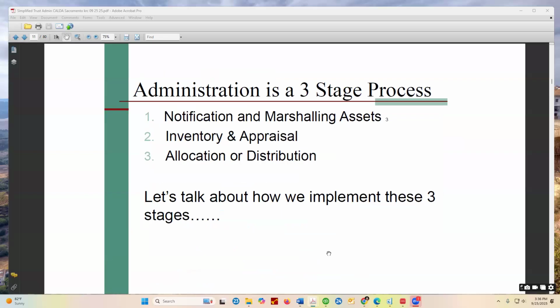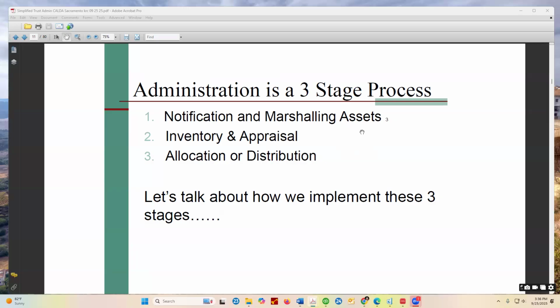Okay, notification and marshaling of assets. So you need to notify third parties, for example, if the tenants for rental property are now going to have to send their checks to a different place, you need to notify them. The term marshaling of assets comes in, and that generally means management, basically.